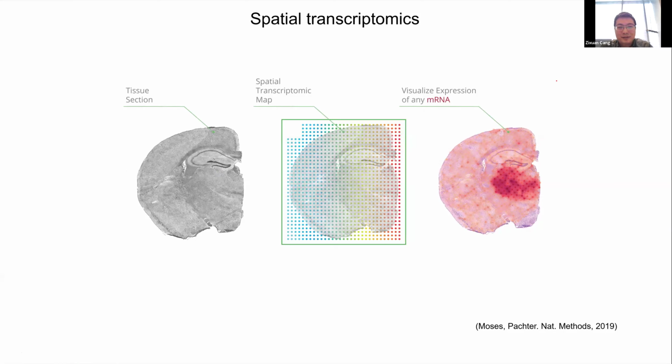It's considering a spatial group like this and another spatial group like this, there could be a local cluster of cells that express the receptor and a local cluster of cells that expresses the ligand.